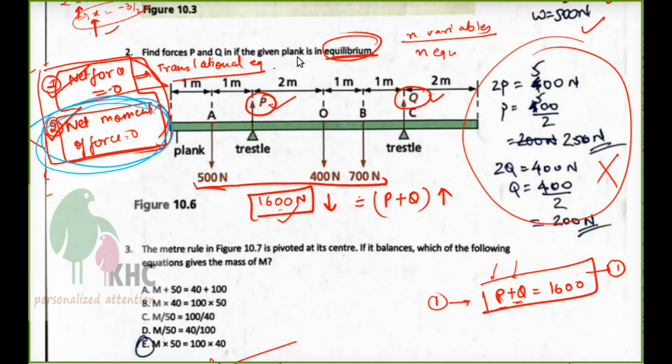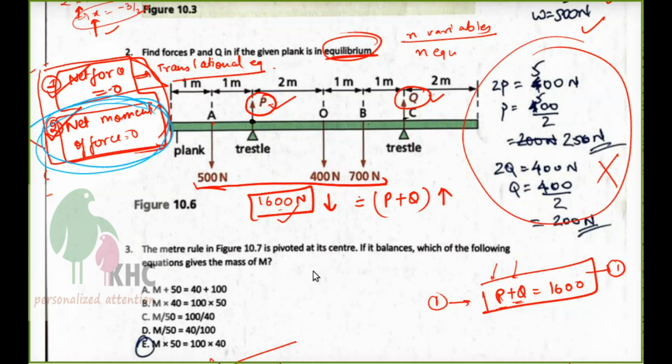That point can be any point from where you know all the distances. You can take P, Q, or any of these points. I'd suggest you take either P or Q as the point about which you write the moments of force.